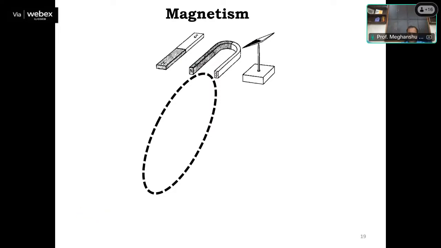But what will happen if this iron piece is inside the domain of the magnetic field? Then definitely it will be attracted towards the magnet like this.